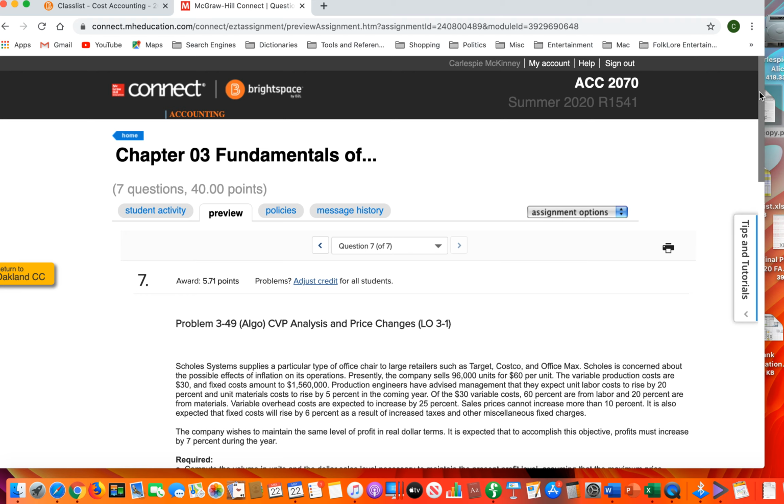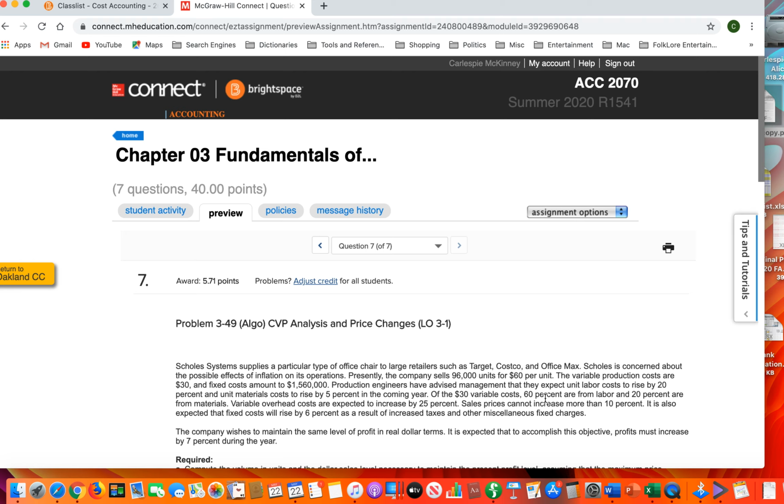Don't forget, on the variable cost, you have 3 components: direct labor, direct material, and variable overhead. So if you know 2, you can figure out the third one. We know that out of $30, 60% was labor. 60% of 30 is 18. 20% of 30 is 6.